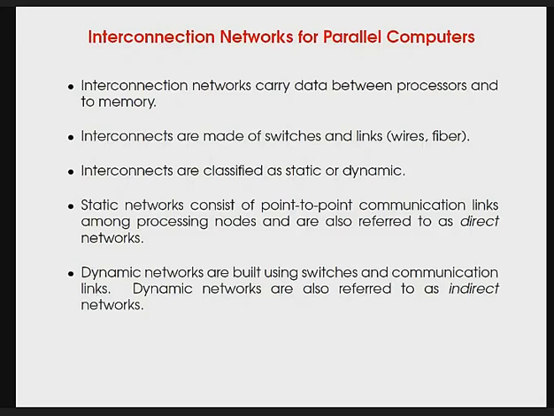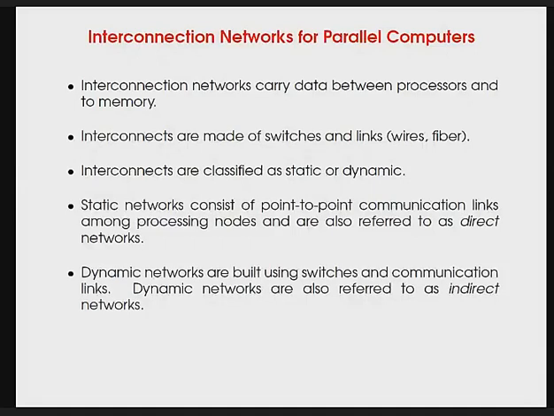If there is a direct link present for the communication purpose, that's why the static network is called a direct network. In a dynamic network, the processing nodes are connected via switches. That's why it is considered an indirect network.